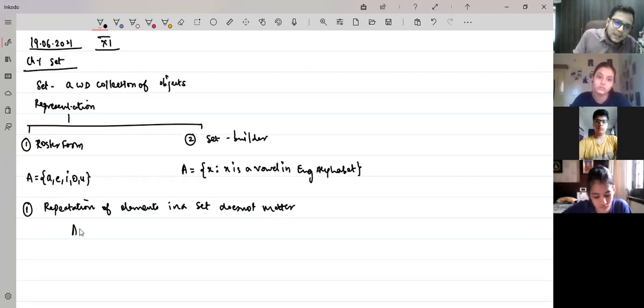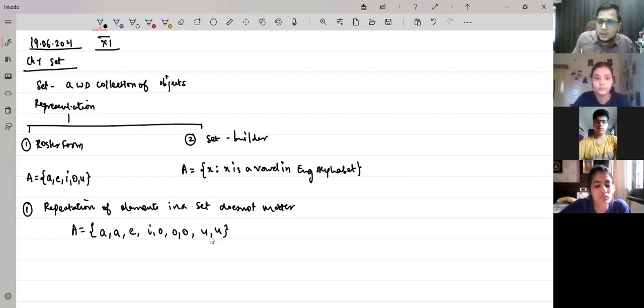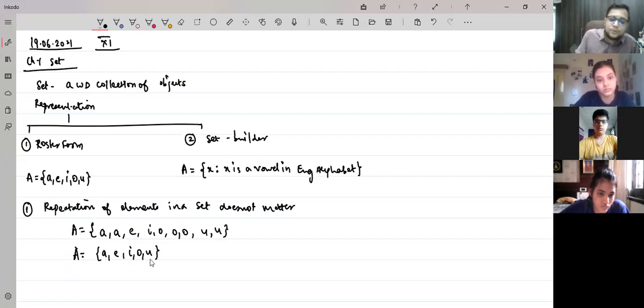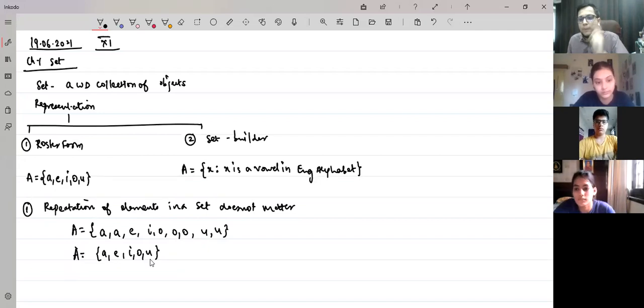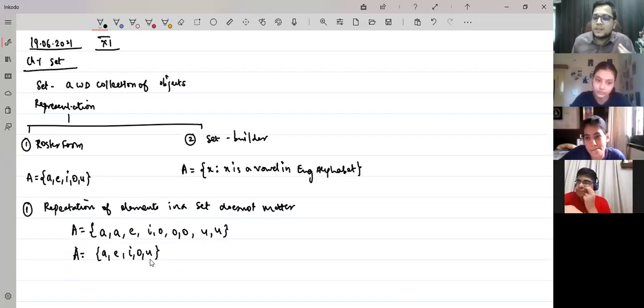For example, a set A = {A, E, I, O, U, U} is as good as {A, E, I, O, U}. Am I making myself clear here? Whenever we are being asked to write a set, we will never repeat our elements. बात समझ में आ रही है?